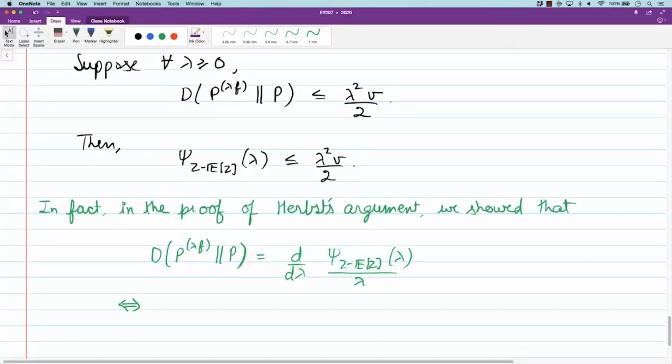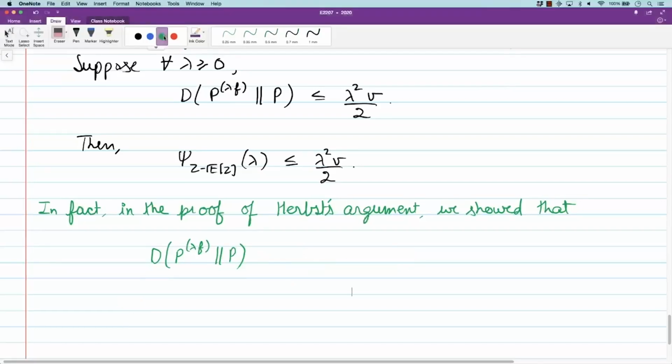Second, sorry about that. So what we saw was this is equal to lambda times the derivative of the log moment generating function minus the log moment generating function.